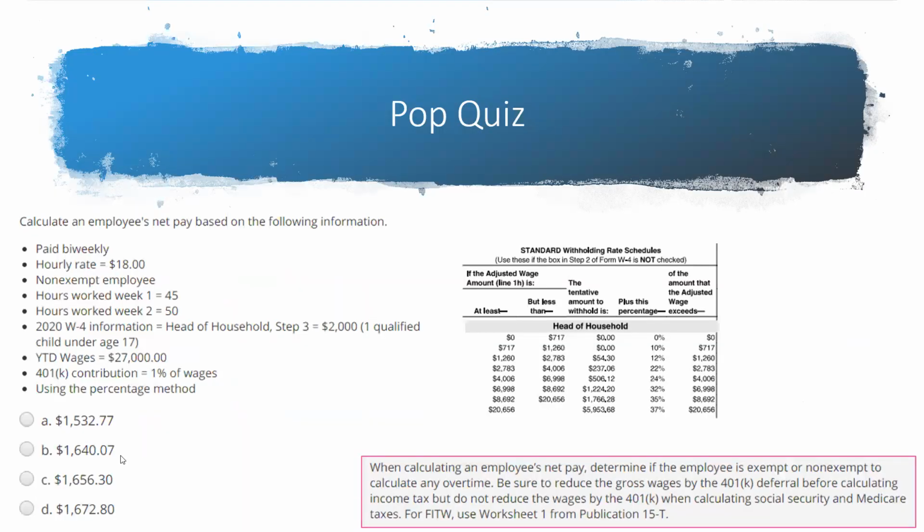And I'm going to go back to this. So while this quiz came up with 1640.07, it is due to rounding. I saw a couple of people in chat had that same thing, that they were getting that rounding by a penny or 2 pennies. Keep that in mind when you're going through the CPP exam.